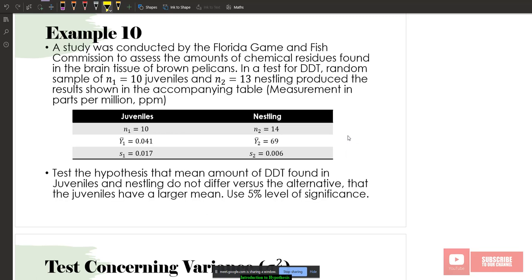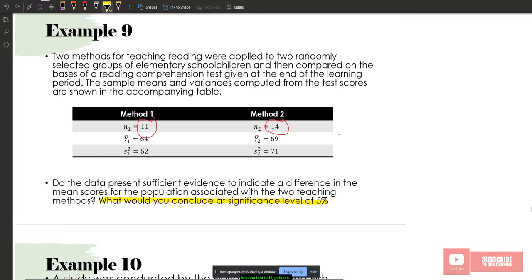Again, for example number 10, benda yang sama juga, right? So the population variance unknown. So this one should be apa? Dia punya hypothesis testing macam mana? Tadi kita tengok yang sebelum-sebelum ni for single mean, kan? This one for hypothesis testing, mu1 or mu for method 1 equal to mu for method number 2.